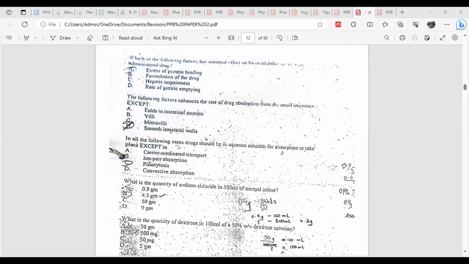Spiderman, mi naona kama ni hiyo ion pair. Ama all the following cases drugs should be in aqueous solution for. Okay, what I've seen for ion pair, wanasema an example of ion pair transport. No, that's not what.